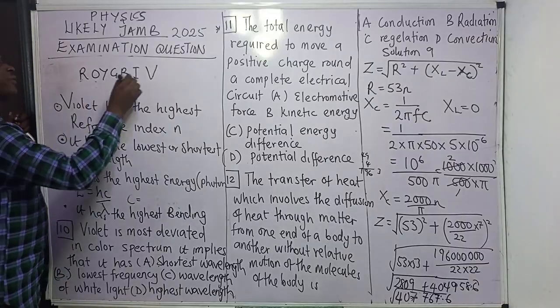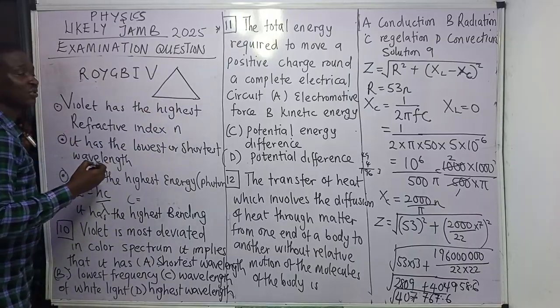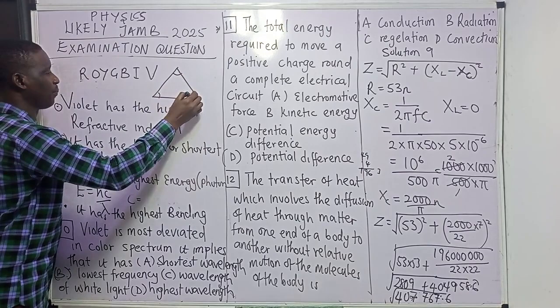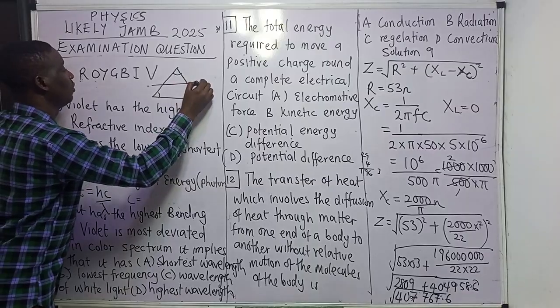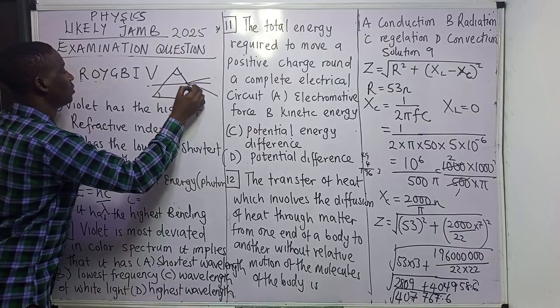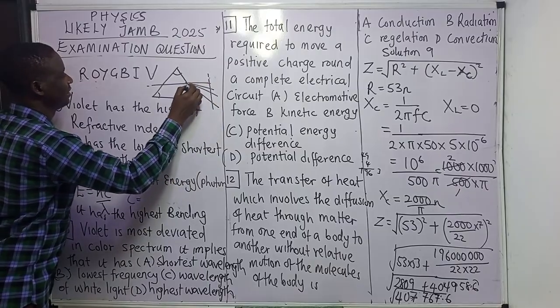For example, if I pass light through an equilateral triangular prism, as the light comes out, some of them are deviated, like you look at the board, they will deviate like this. You understand?